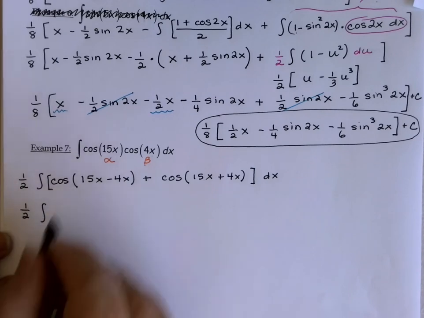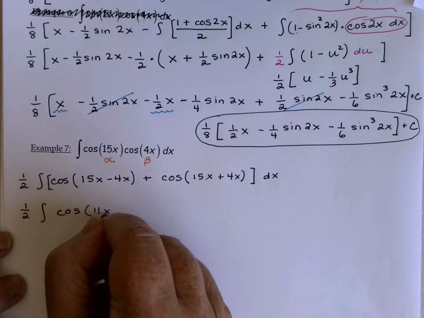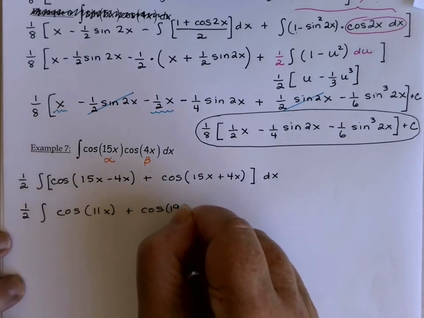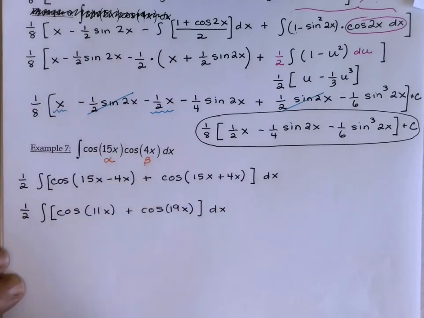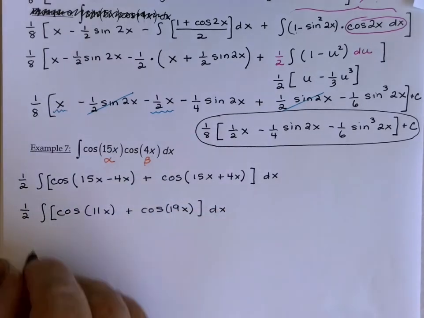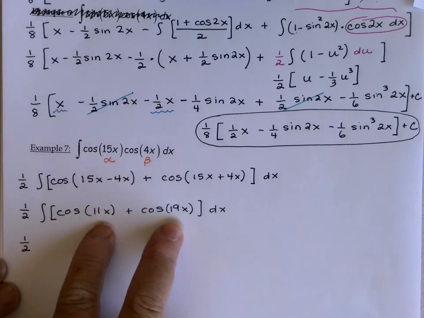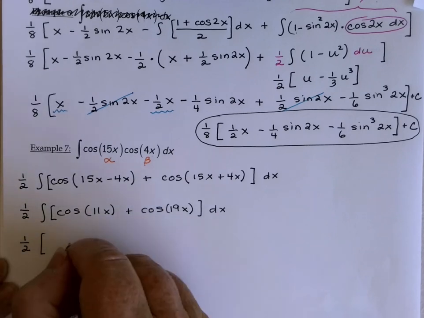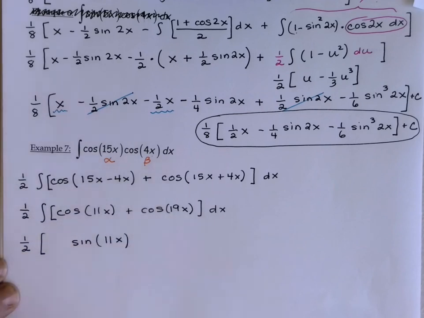Let's see here. We have got the cosine of 11x plus the cosine of 19x is our integrand. And again, these are just those little bitty substitutions. I'm going to try for us to do them mentally. The integral of cosine is sine, in this case of 11x.